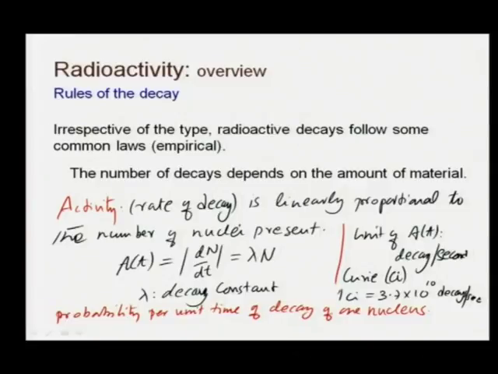This also tells us that radioactivity is a statistical phenomenon, which means if you take a particular nucleus, you cannot say when it will decay or how long it will live without decaying. What you can say is, if you have 1000 such nuclei, how many of them will decay in 1 second or 1 minute or some interval of time.